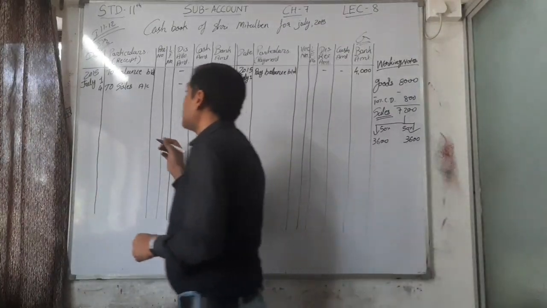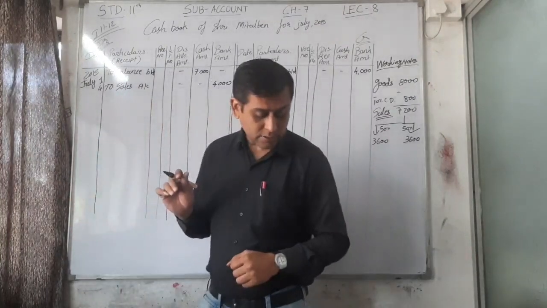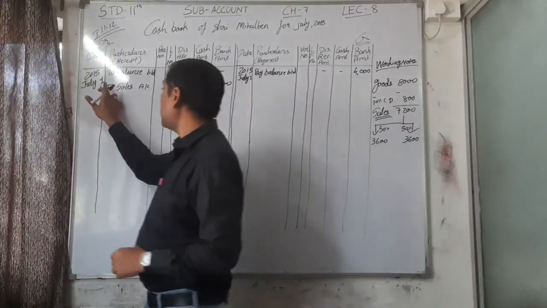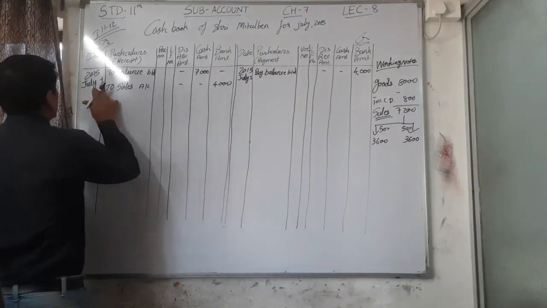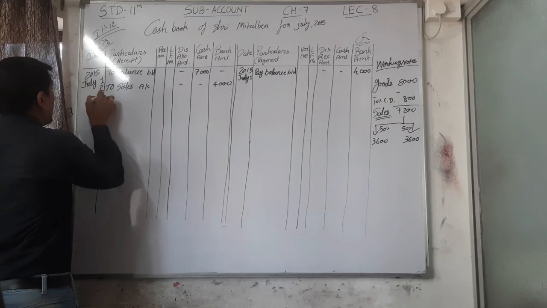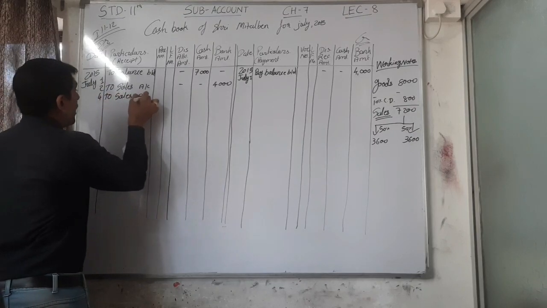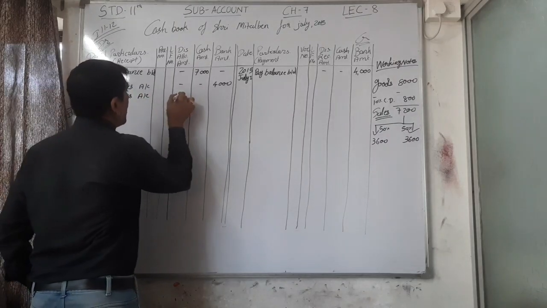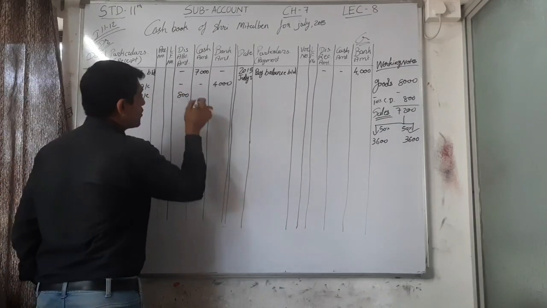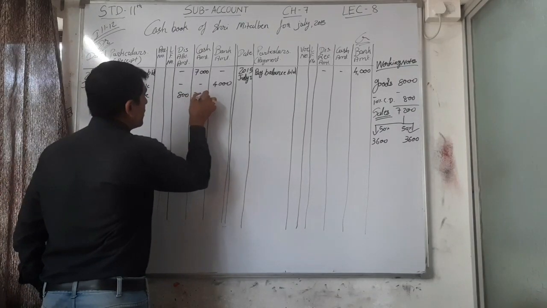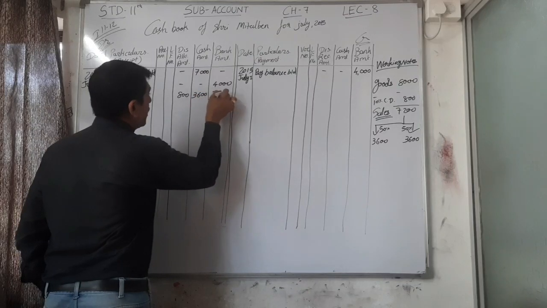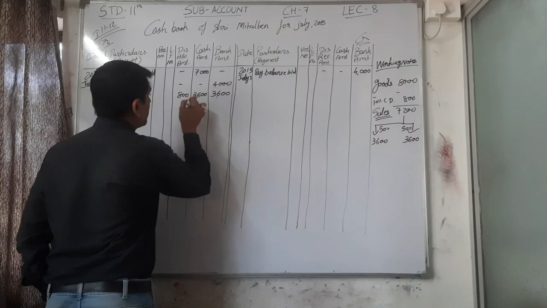So write down on the debit side again, the date is 4th, here the second date. Now 4th, to sales account, in the discount column 800 rupees, cash column 3,600 rupees, and bank column 3,600 rupees.